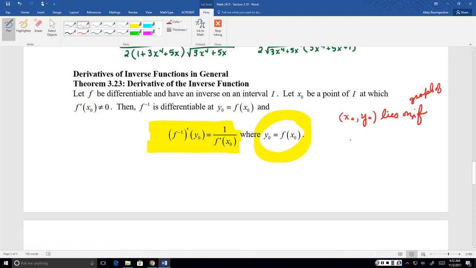Well, if functions are inverses of each other, then the domain, or the x values, of one become the range, or in other words, the y values of the other.